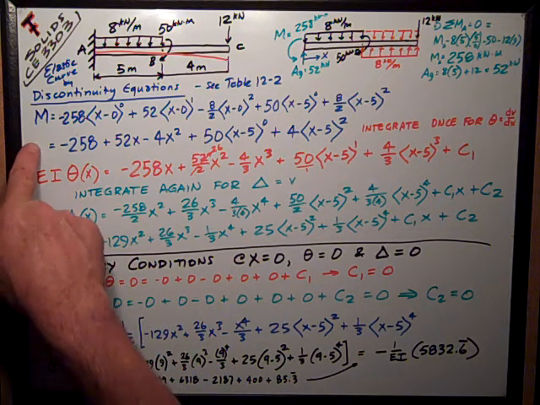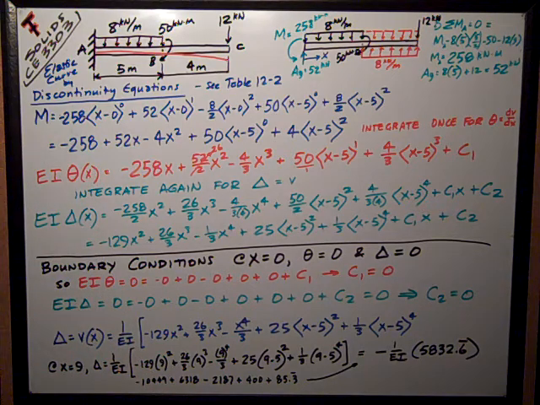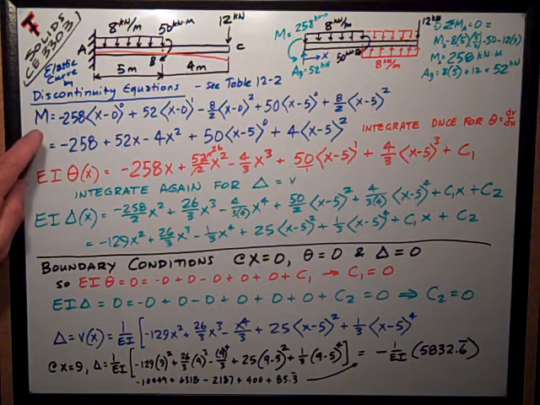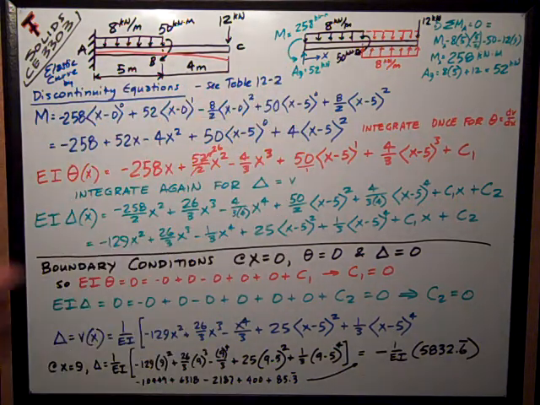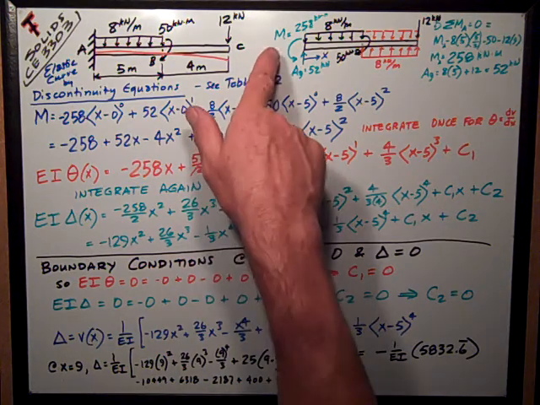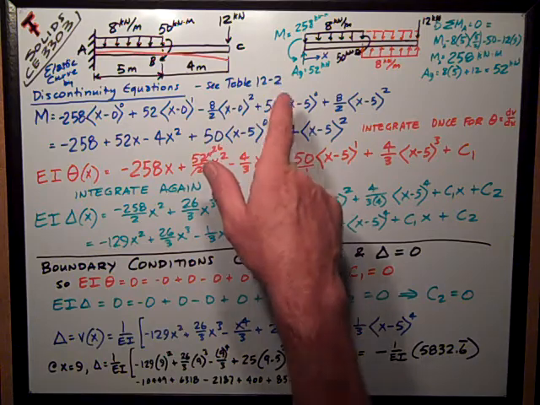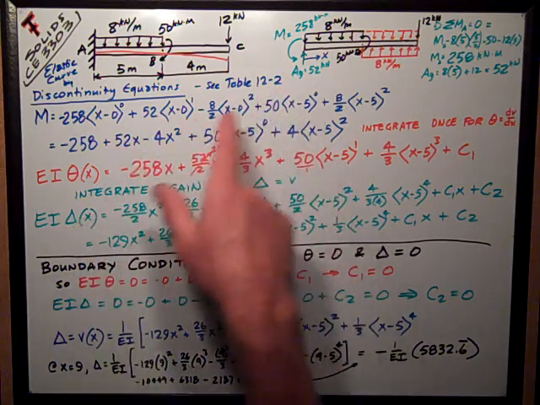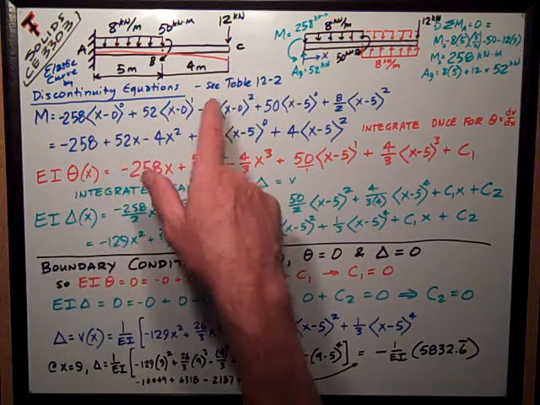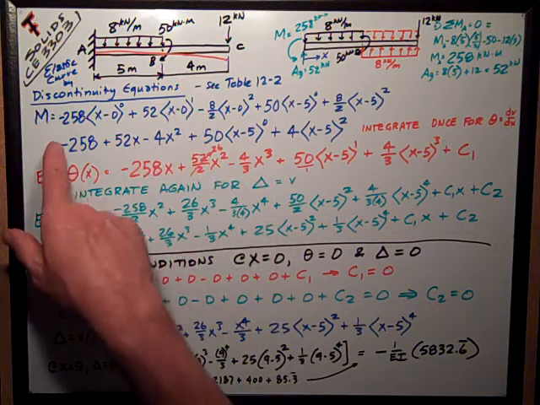So I look in that book at table 12.2, and I see the expression for the moment due to a concentrated moment such as I have at the end of the beam. I have to consider my support reactions as part of the loads on the beam when I'm writing these discontinuity equations.